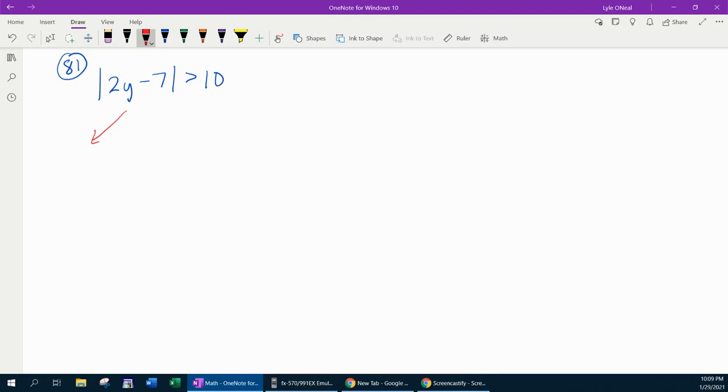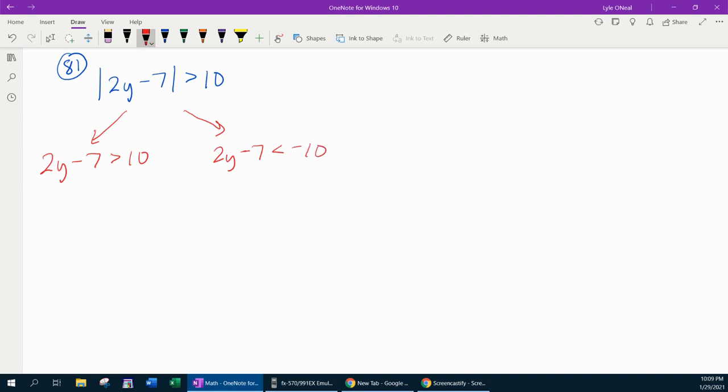So we're going to split it in two. And the first time you split it, you copy and paste. You leave it the same. The second time, copy and paste. Change the inequality and the sign.